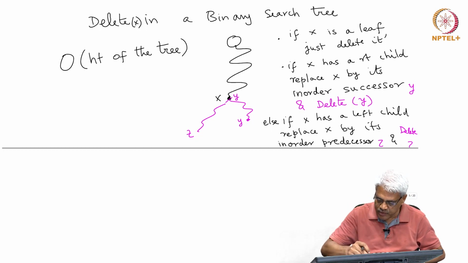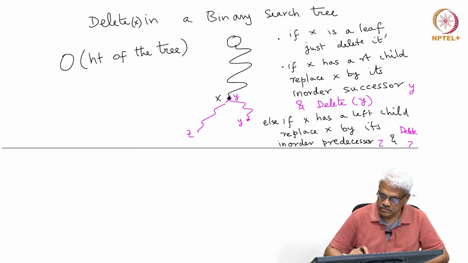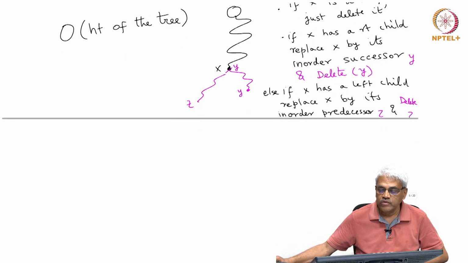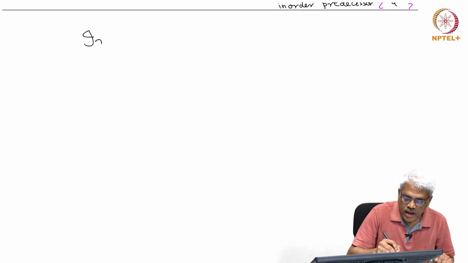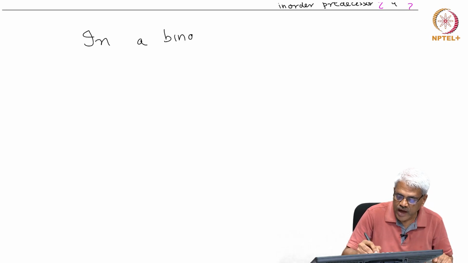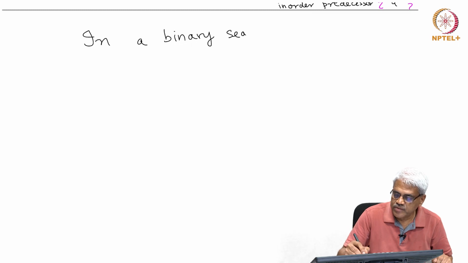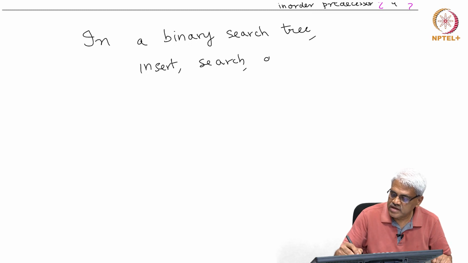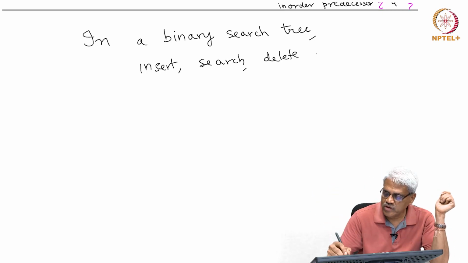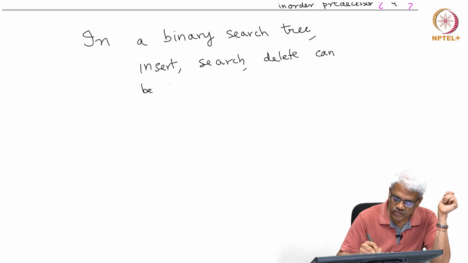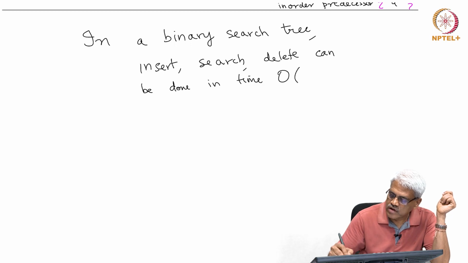So in summary, in a binary search tree, which starts its inspiration from the binary search algorithm, insert, search, delete, and actually there are a lot more operations, join, split, there are a number of things you can do, can be done in time order height of the tree.